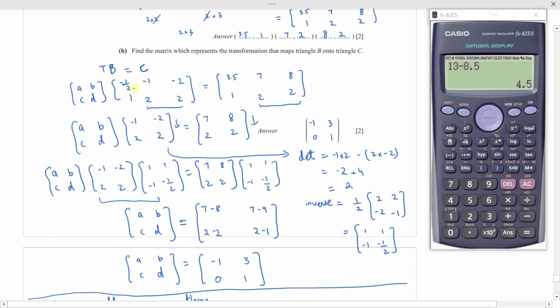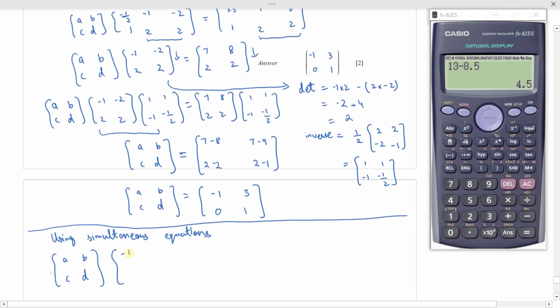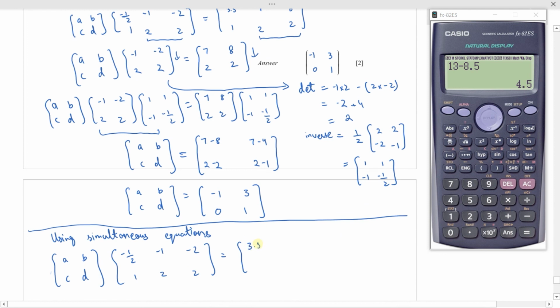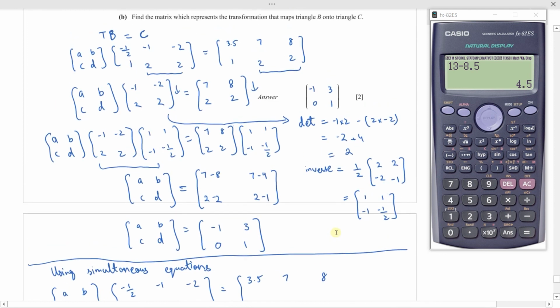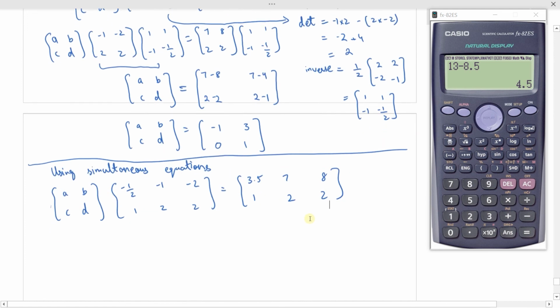So this is triangle B, this is triangle C. So this is minus 1 by 2, 1, minus 1, 2, minus 2, 2 equals 3.578 and 1, 2, 2. So here I'll use the full rectangular matrix using all three vertices of triangle B and coordinates of all three vertices of triangle C as well.